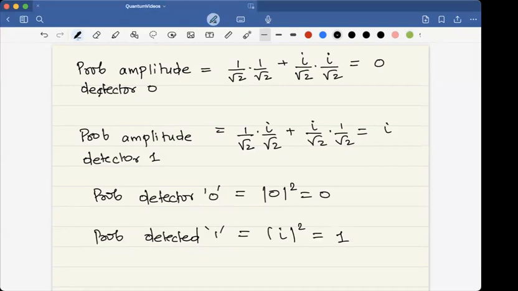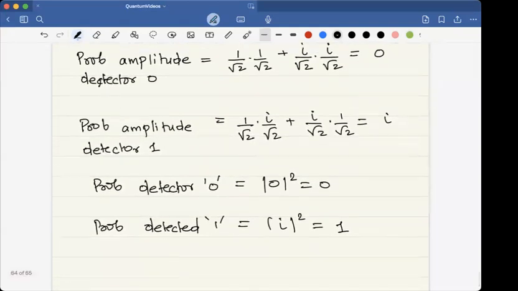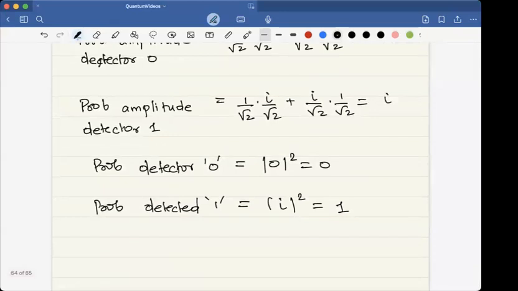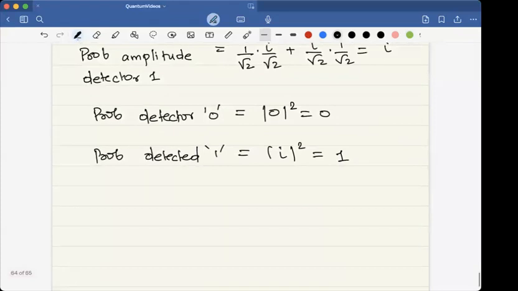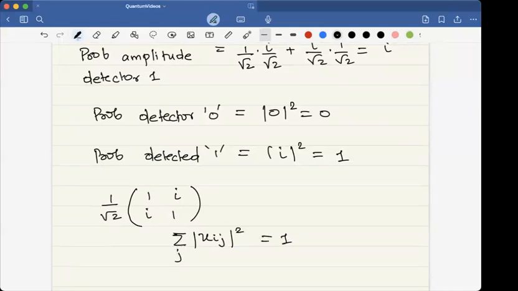So this is how you explain the quantum phenomena. In this case, it's simpler than the double slit because there are only two possibilities. And instead of the Markov matrix, the matrix that is given is 1 I, I 1, times 1 over square root of 2. This is a matrix where the sum over j of |Uij|² is equal to 1.